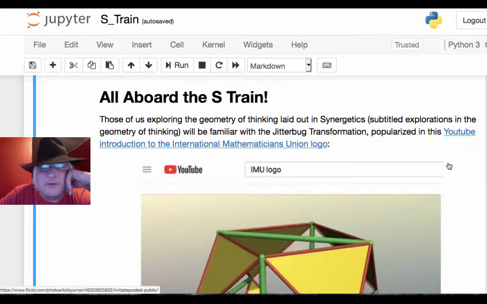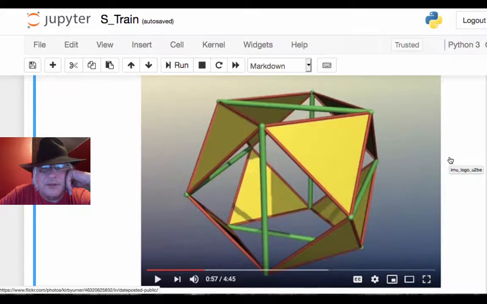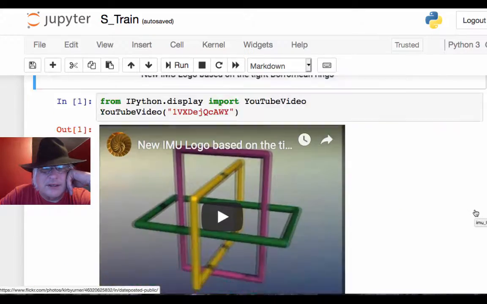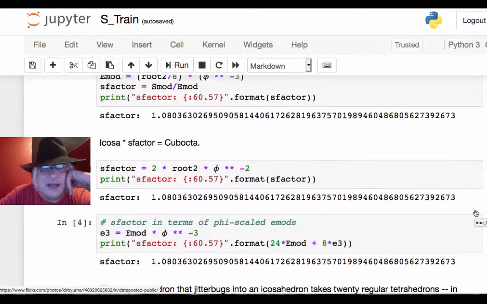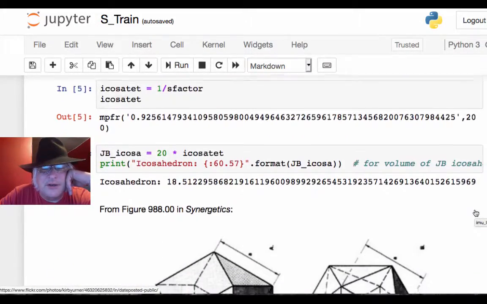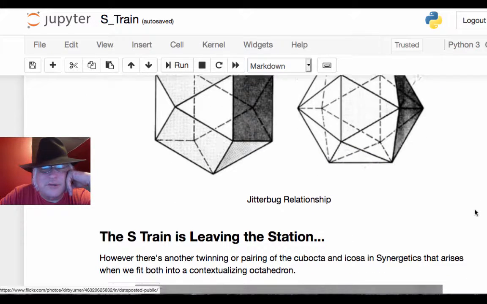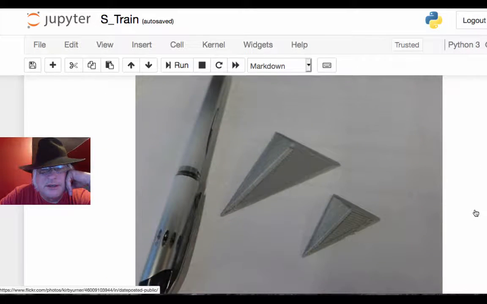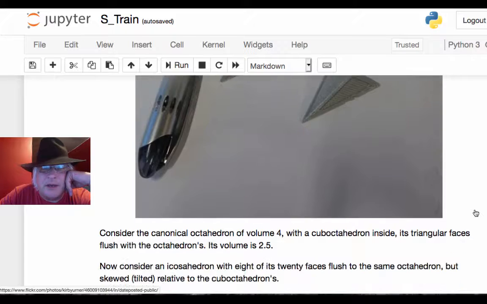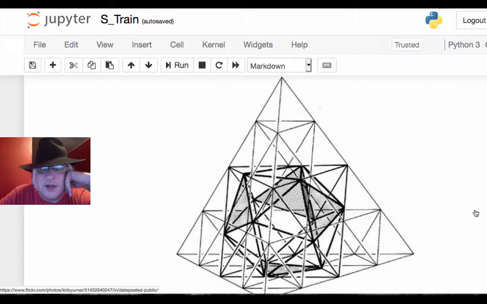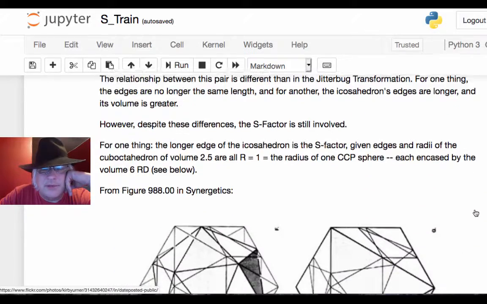And then in the five-fold symmetrical world, where jitterbug is our bridge from the cuboctahedron to the icosahedron, once you dissect the icosahedron, you're in the realm of S modules and all these other things. And that's where 3D printing might come in. And of course, since we're talking about volume, we're really in spatial geometry in general.